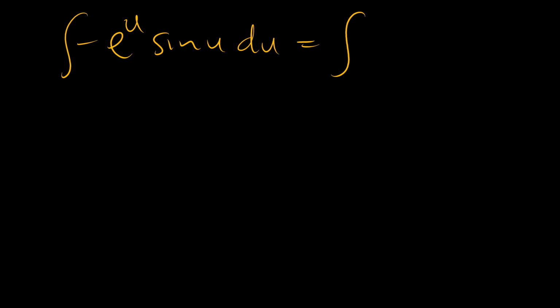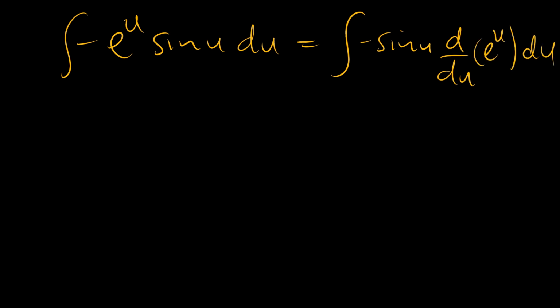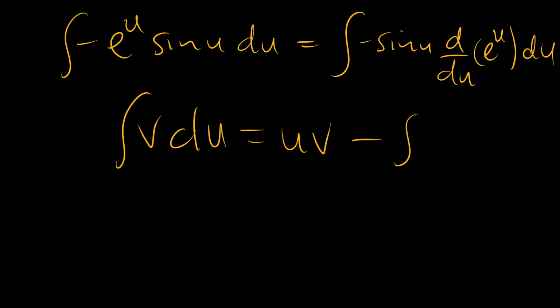Okay, so we have the integral of negative e to the u sine u du, which can also be expressed as negative sine u times the derivative with respect to u of e to the u. So using integration by parts, where we have the integral of v du being equal to uv minus the integral of u dv.